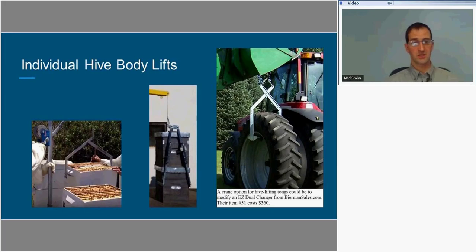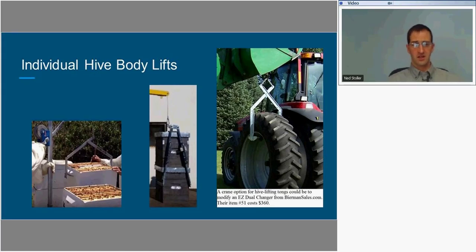So the hive lifting tongs shown in the middle, I put the picture there to show the concept. They are not available at this time, but it is a good design and system that might work. It would have to be custom fabricated.